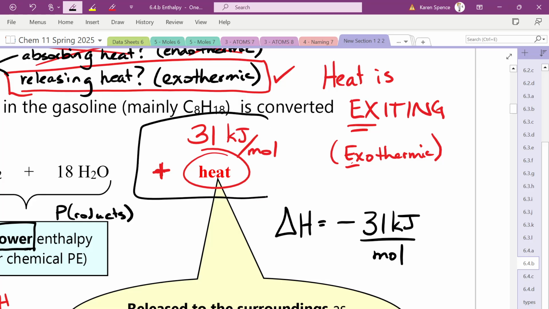It's coming out, it's being released. We started higher, we finished lower. We don't write it as negative, but the change is negative. So if I said, how much did it cost you to buy that chocolate bar? You might say, it cost me $2.